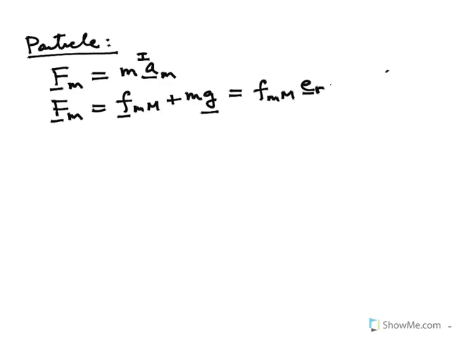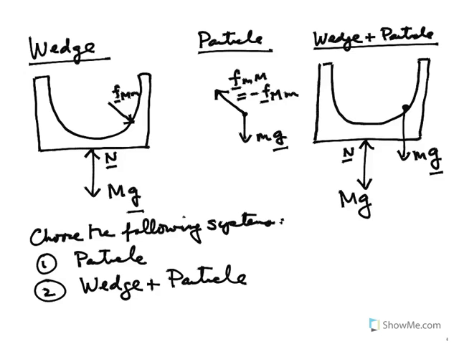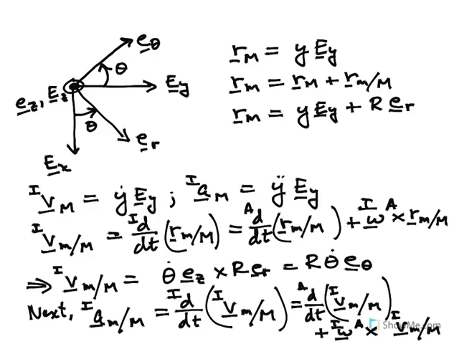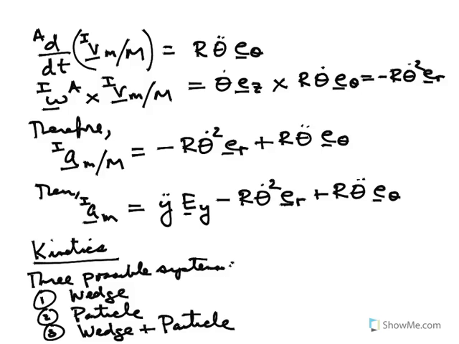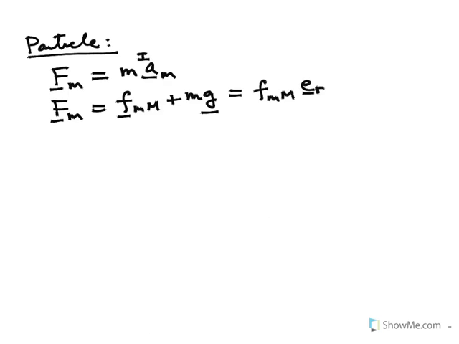So let's go back over here and make sure that we define this consistent with our picture. Our picture has e_x down, so it's plus mg e_x.